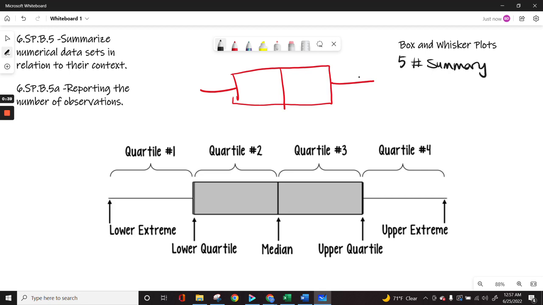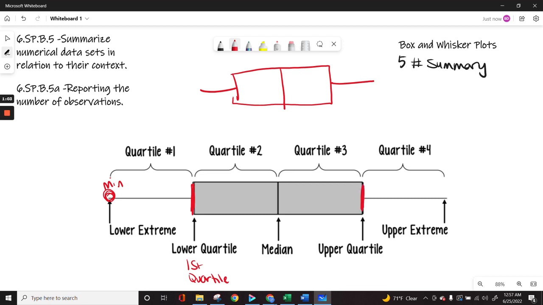And the reason why is because there's 5 significant numbers that you can pull from these. You can pull this number, which would be your minimum or your lowest value. This number right here at the end of the box is your first quartile. The number in the middle is called the median.